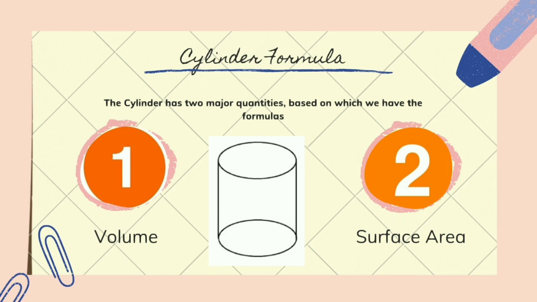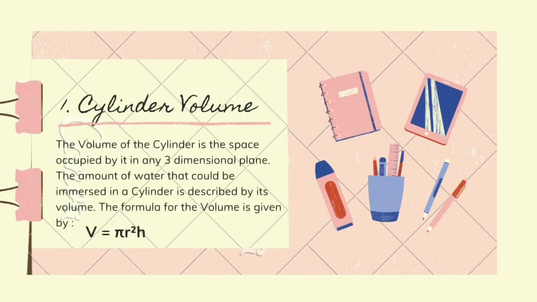Two, I want to tell you about cylinder formula. The cylinder has two major quantities based on which have their formula. 1. Volume. 2. Surface area. 1. Cylinder volume. The volume of the cylinder is the space occupied by it in any three-dimensional plane.